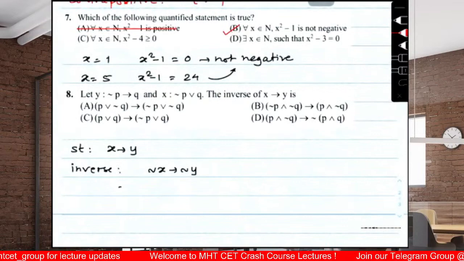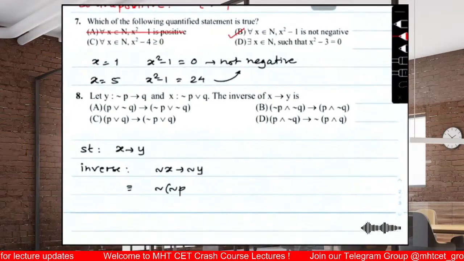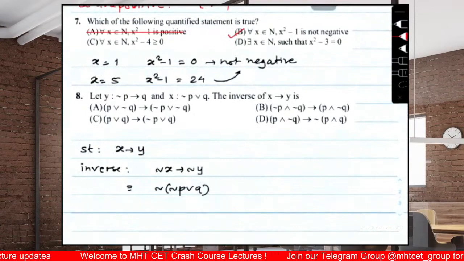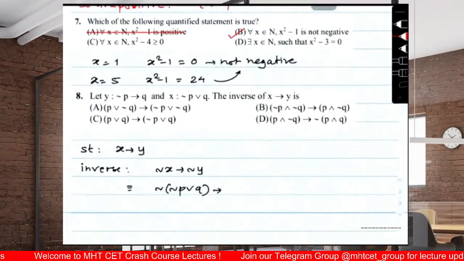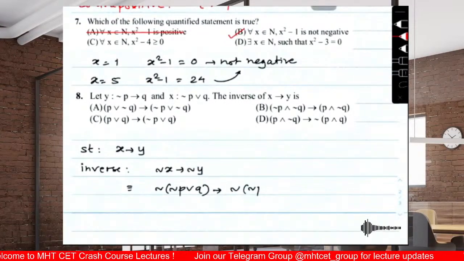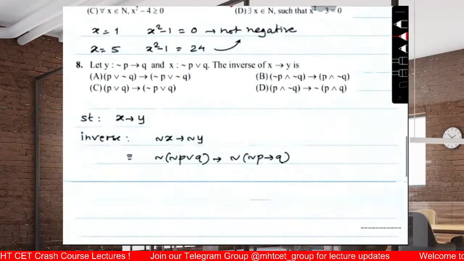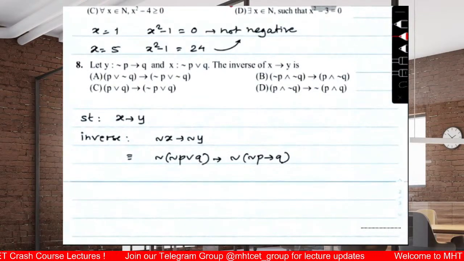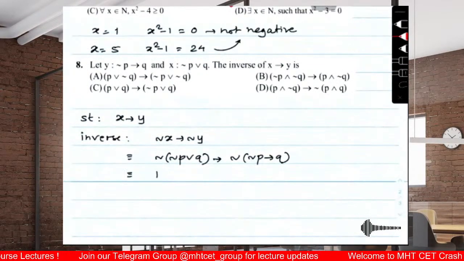Now put the values. Not x मतलब negation of not p or q, implies not of y will be negation of not p implies q. ठीक है, इसको सिंप्लीफाई करो. If you simplify this is p.